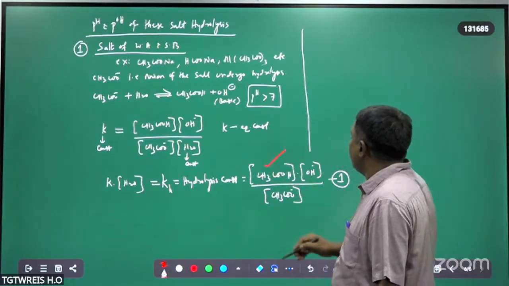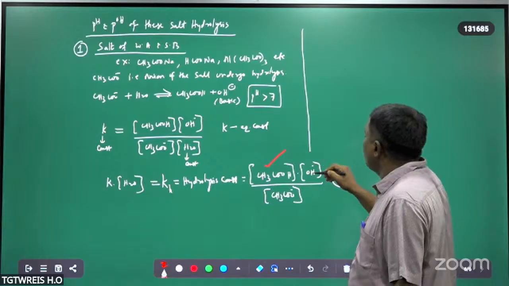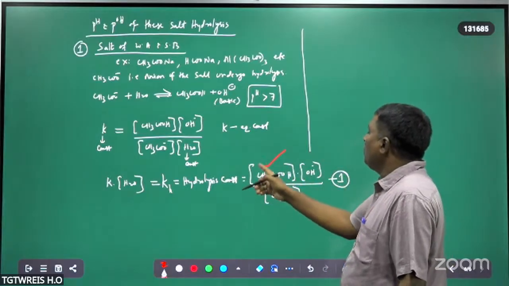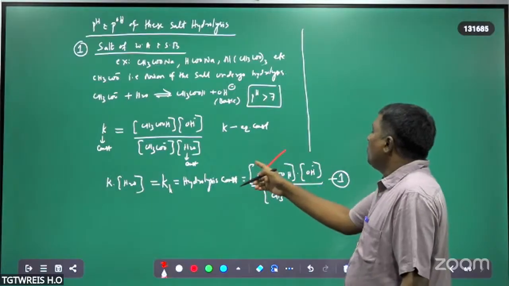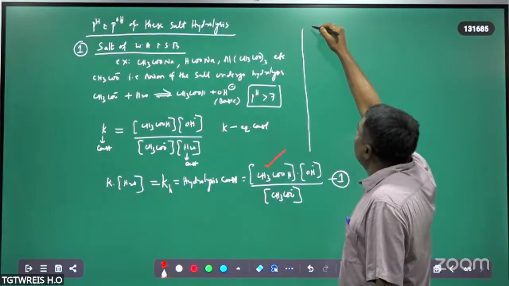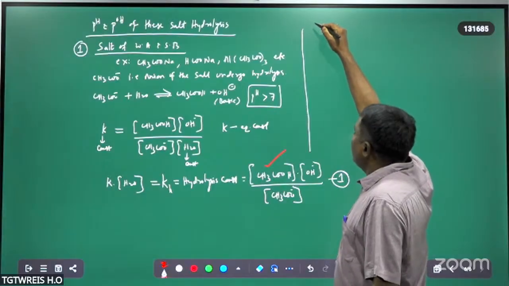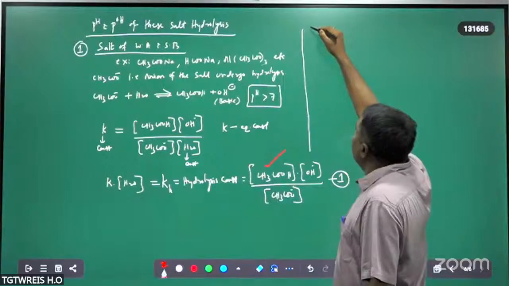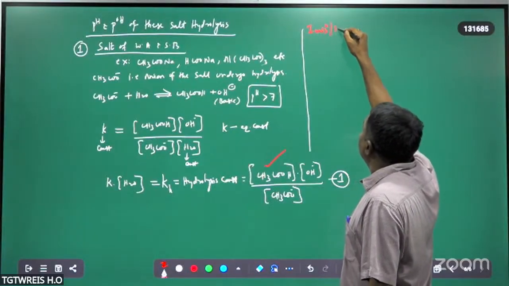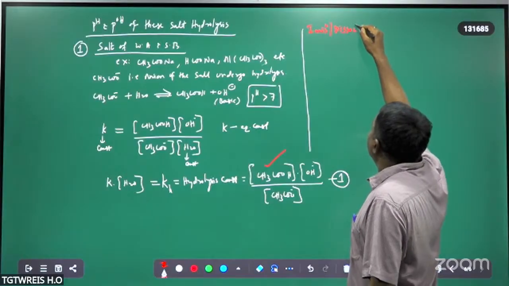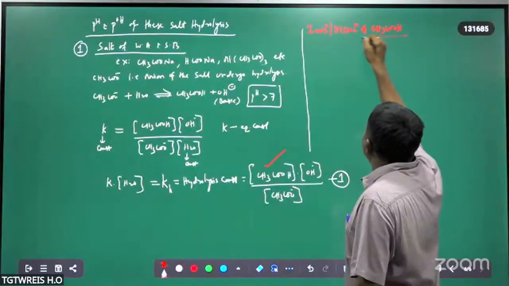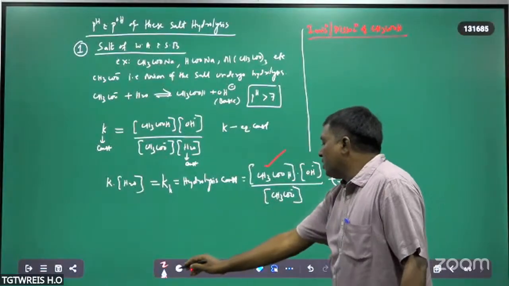We want to calculate the molar concentration of acetic acid. So therefore, now we are going to determine the ionization or dissociation of acetic acid.